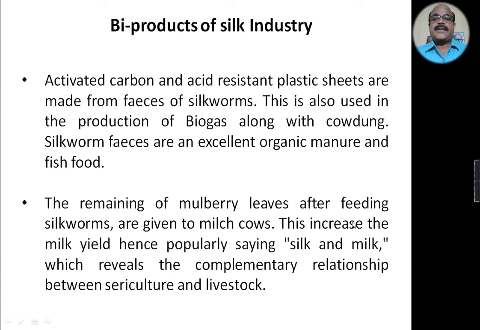And the activated carbon and acid resistant plastic sheets are made from feces of silkworms. See here, it shows that the feces of silkworm contains high quality ingredients which are very resistant to acid and can be useful to prepare plastic materials or plastic sheets.